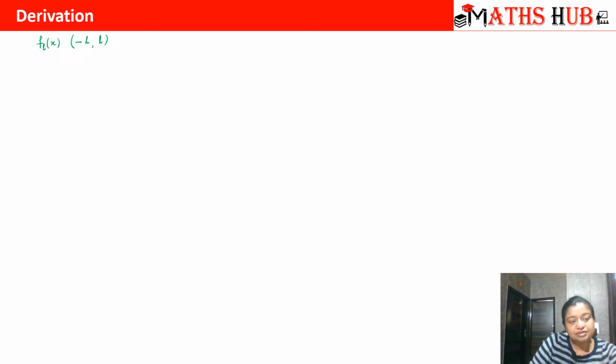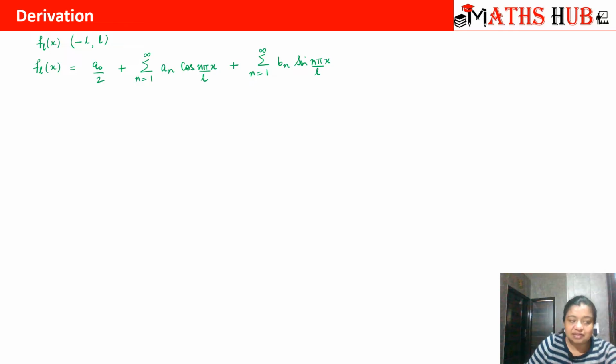If I have to write its Fourier series, we will write f_L(x) is equal to a0 by 2, the Fourier series being represented by these coefficients, then summation n going from 1 to infinity a_n cos(n pi x by L) plus summation n going from 1 to infinity b_n sin(n pi x by L), right?